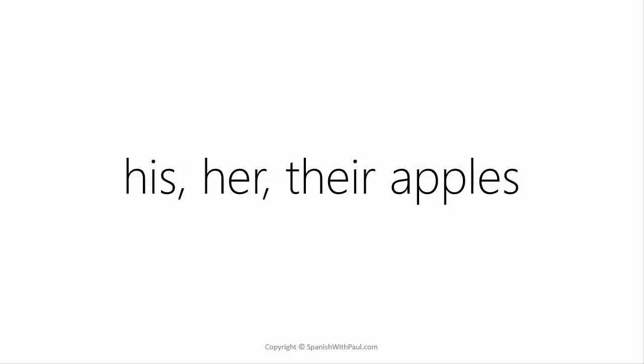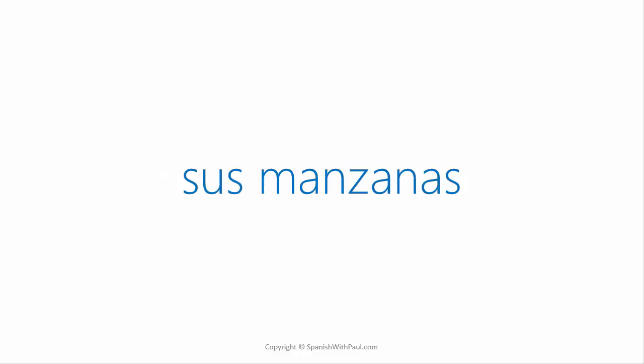His, her, and their apples. Try to guess that one. Sus manzanas. Again, it's the same work in action there. So we have sus manzanas for his apples, her apples, or their apples. Finally, we have our apples. Try to say that.